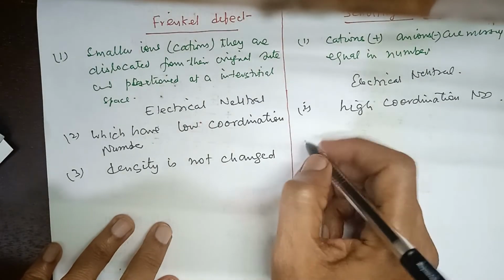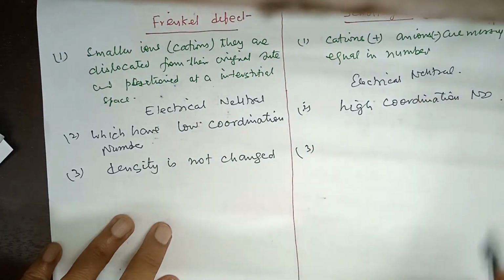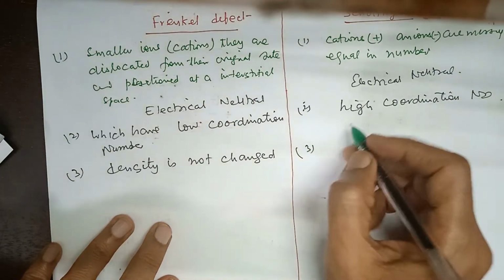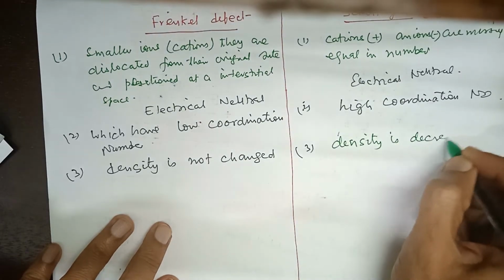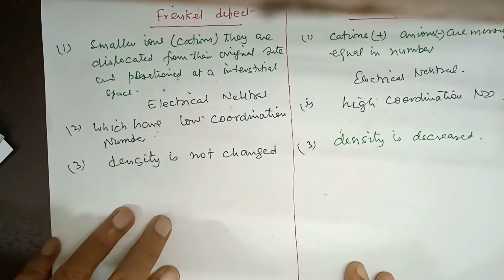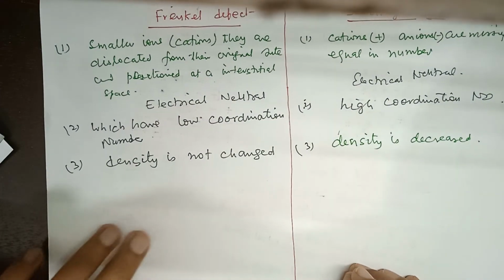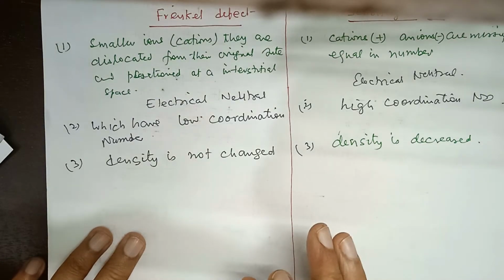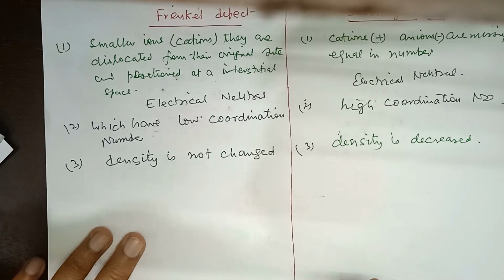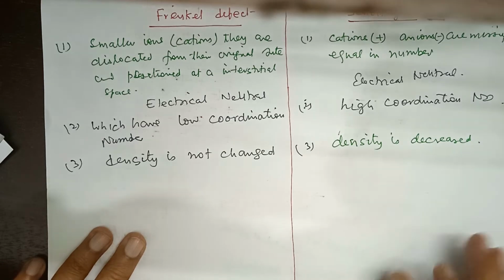But in Schottky defect cations and anions are missing, hence we say that density is decreased. Clear? Please listen carefully and follow it. If you want to understand it more clearly, then see the video again. It will be more clear.